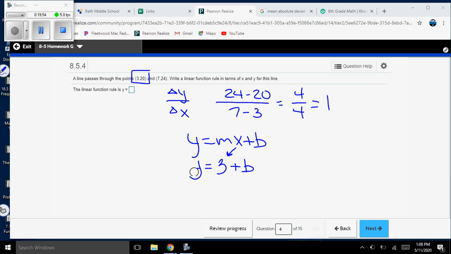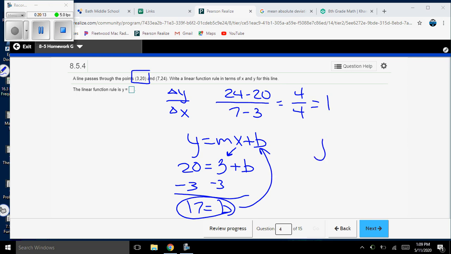I'm going to go ahead and scratch my y out, grab my y from up here, so that's 20. So it looks like if I subtracted 3 from both sides, my y-intercept is going to be 17. Therefore, plugging this back into this equation, my final equation should read y equals x, again there's no m, the m is a 1, I'm sorry, plus 17.